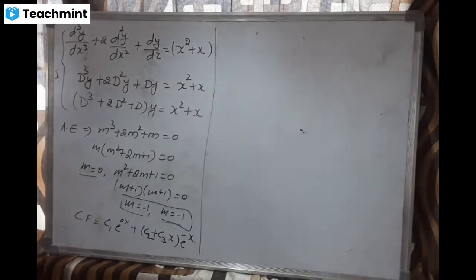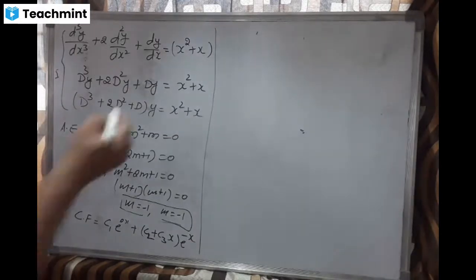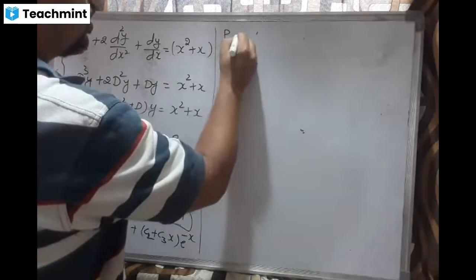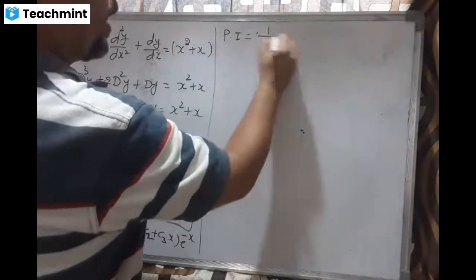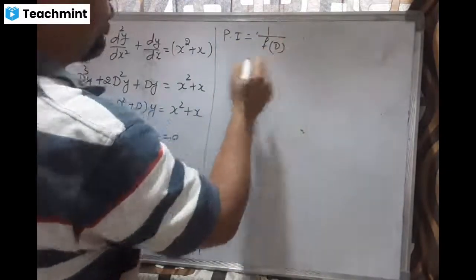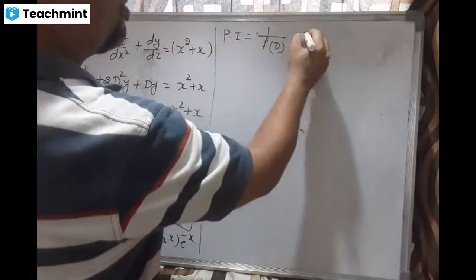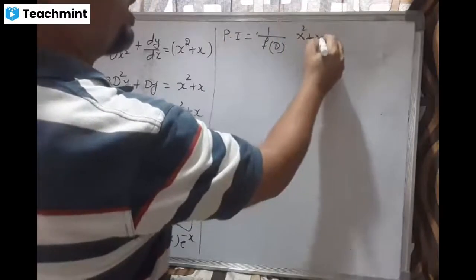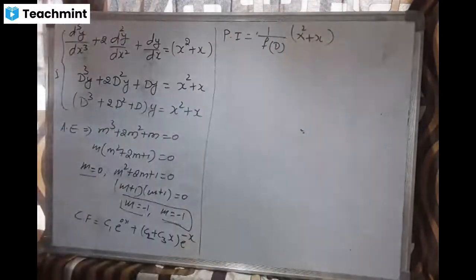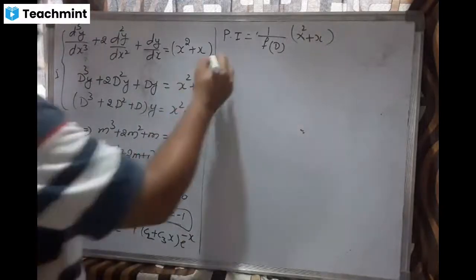Now, what is left out? I should find the PI. Right? For that sake, what is the standard form? PI is equal to 1 divided by f of D into whatever the algebraic terms will be there. So here I will write those algebraic terms directly. Here, what is f of D?